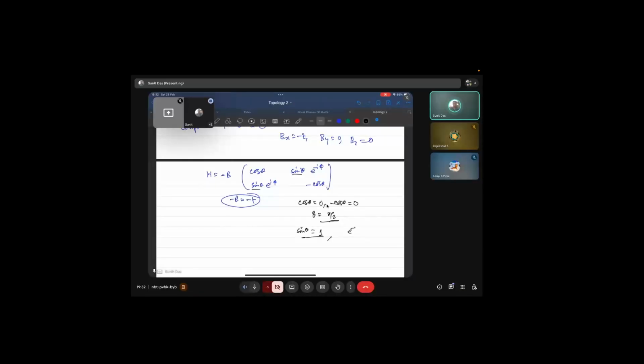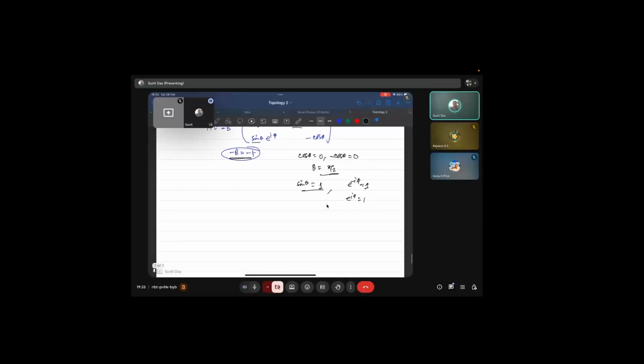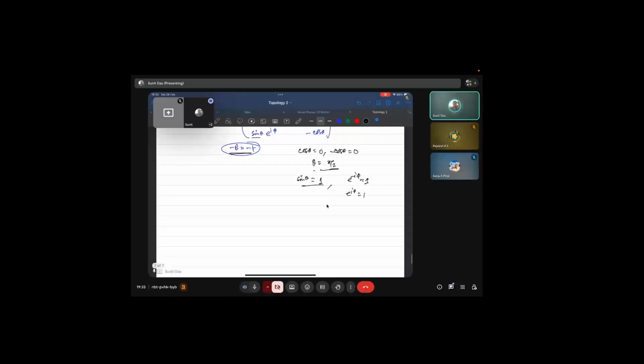Then e to the power minus i phi is also 1, and e to the power plus i phi is also 1, because minus b is already minus t, right? So in the Bloch sphere, whenever you have theta equal to pi by 2, that means that your magnetic field is already in the x-y plane, right? So this is theta equal to pi by 2. Now we need to determine what is phi.